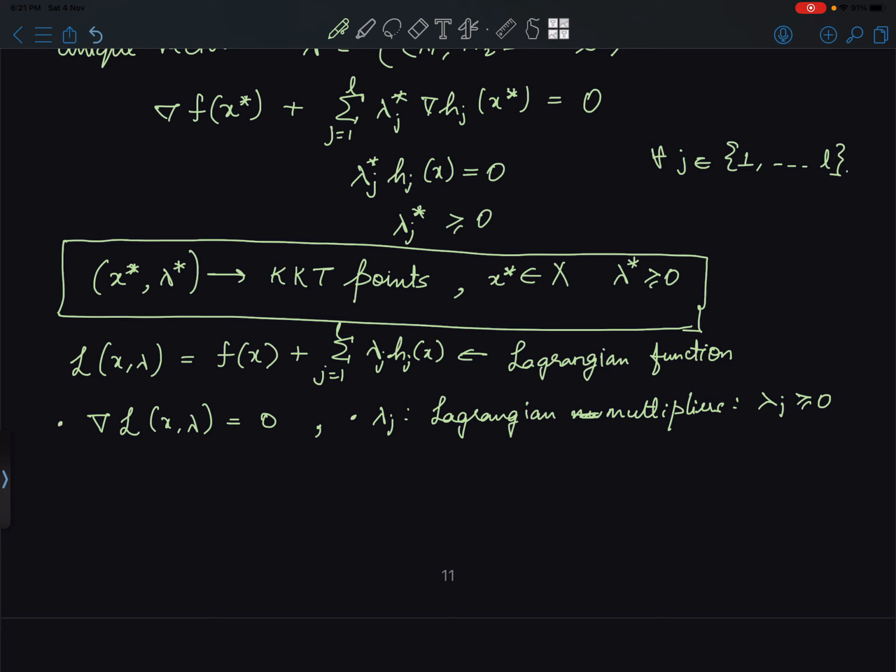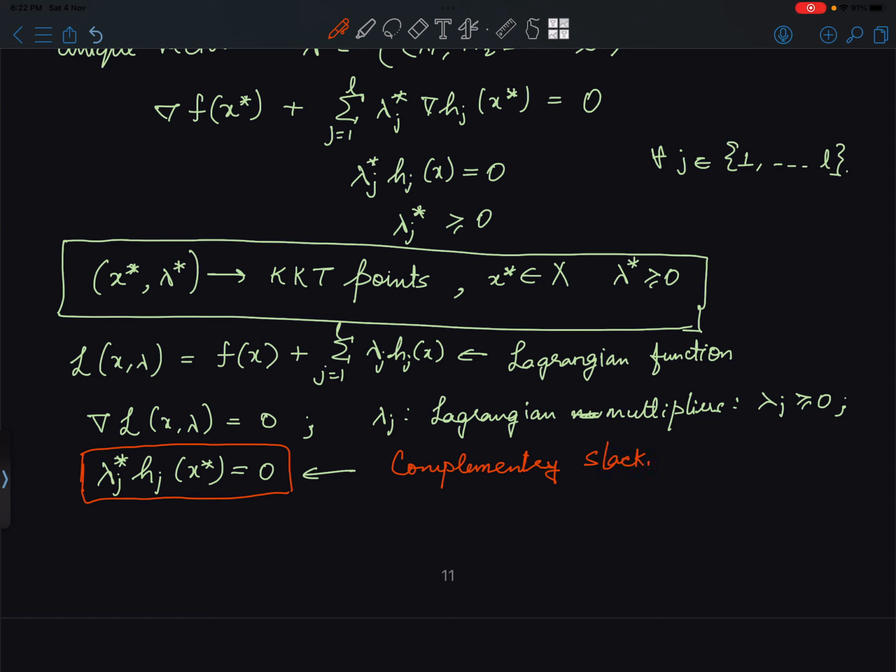Then we have this condition: λ_j* h_j(x*). For a KKT point, the multiplication of this for each j is 0, and this condition is known as the complementary slackness condition.